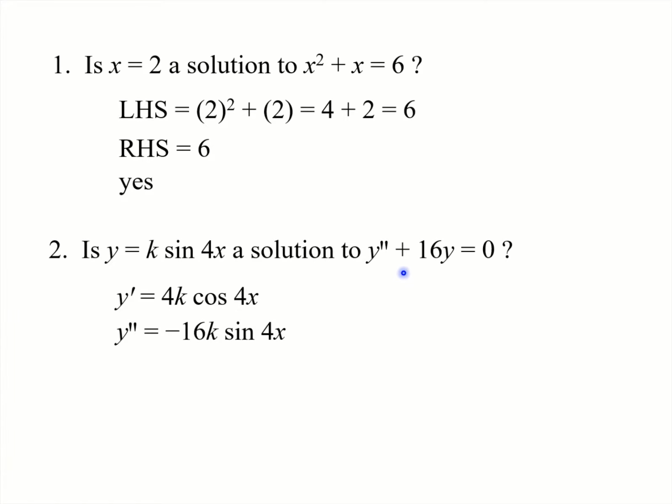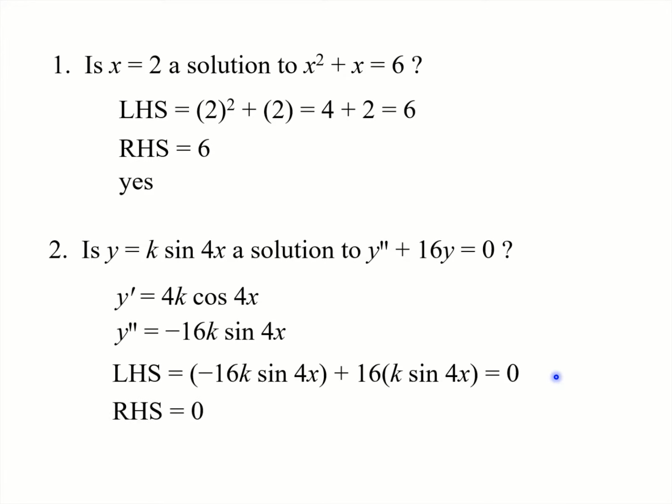We have the y double prime, which is the thing we just computed, plus 16y, and there's the y. That equals 0, so the left-hand side is 0, and guess what? The right-hand side is just a constant 0. Left-hand side equals the right-hand side. The answer is yes. This function here is a solution to this equation.